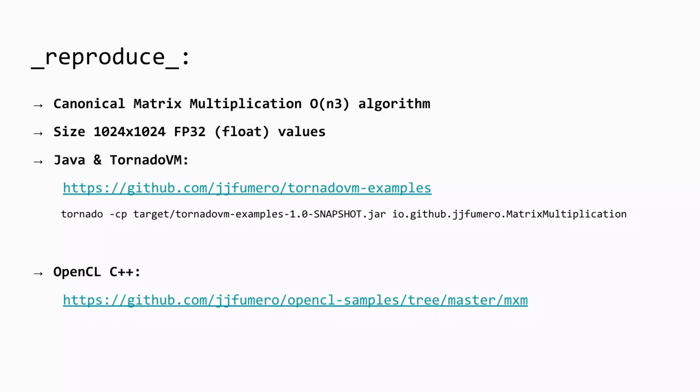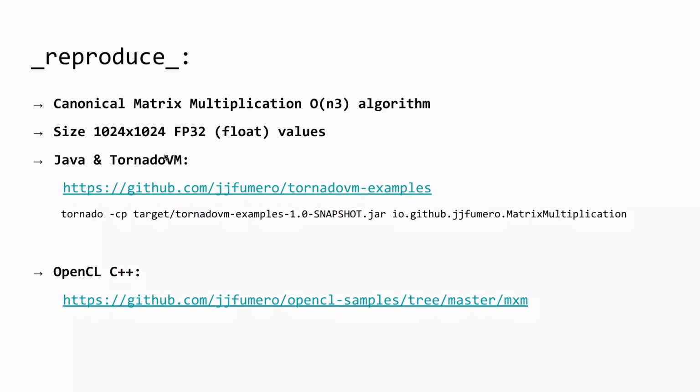You need big data and heavy compute to get some benefits. However, this size is also a bit small for GPUs. But if we increase the size, the Java part will take a lot of time to evaluate. So this is a kind of compromise size. 124 by 124 is a reasonable size, and we can see performance very clearly.